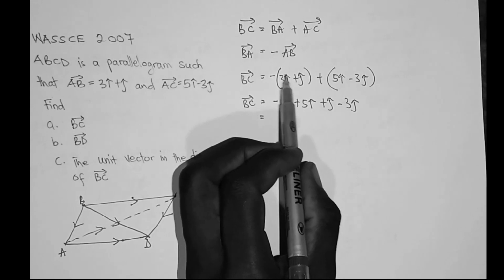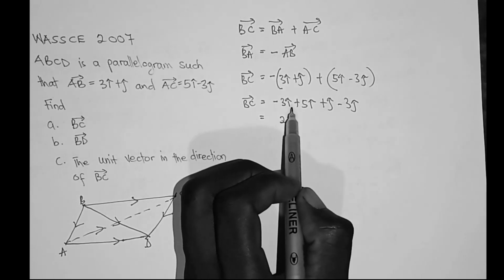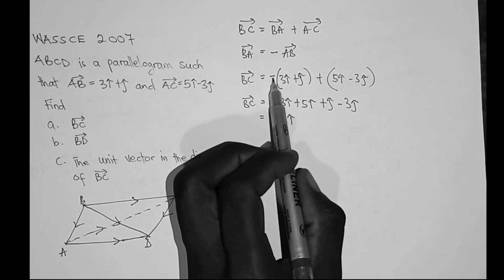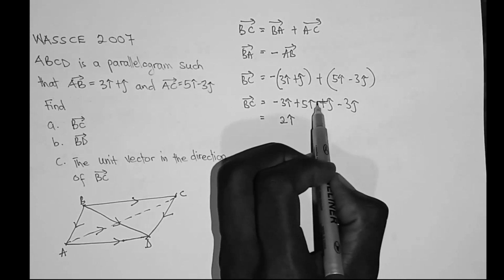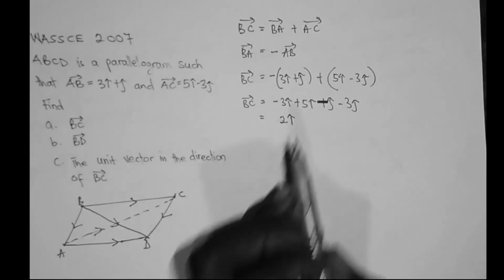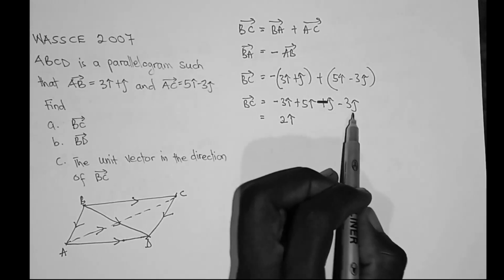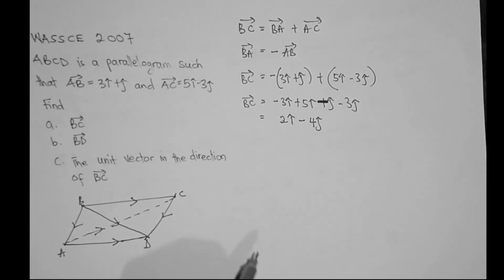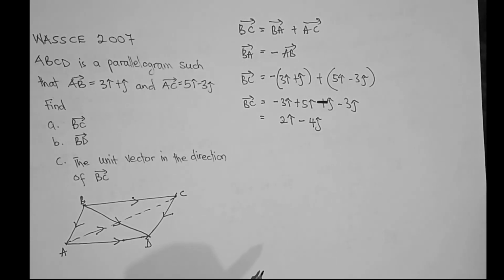So minus 3i plus 5i, then minus 1 times j becomes minus j. This place is minus j. So minus j minus 3j is equal to minus 4j. So we found BC. BC is 2i minus 4j.